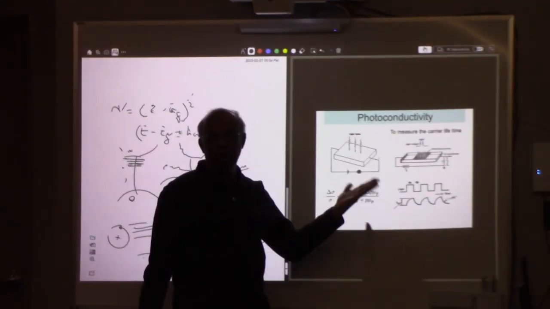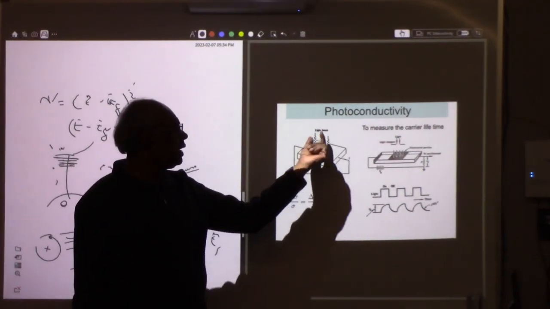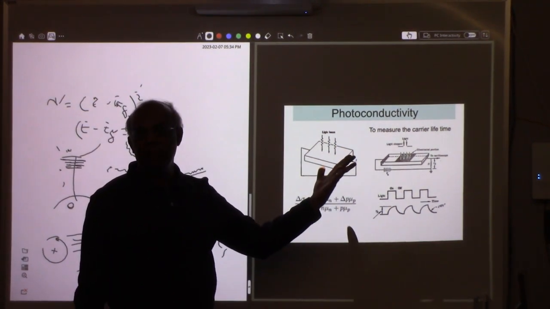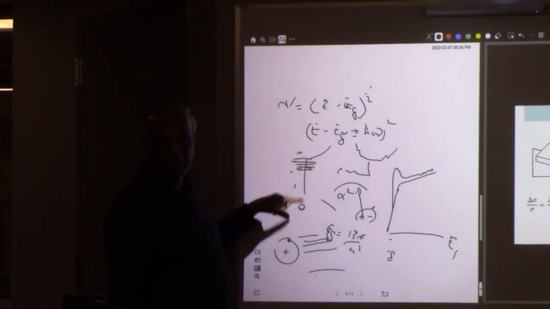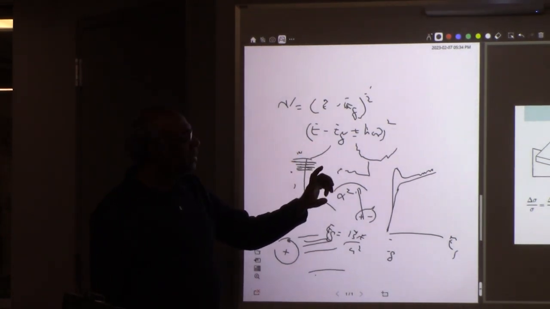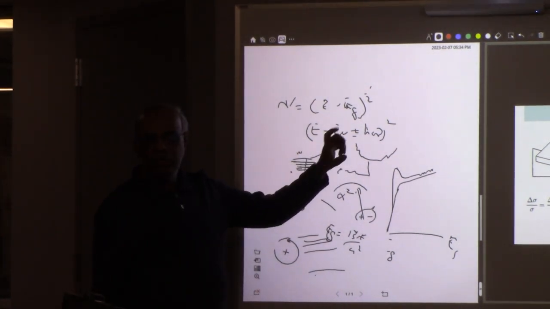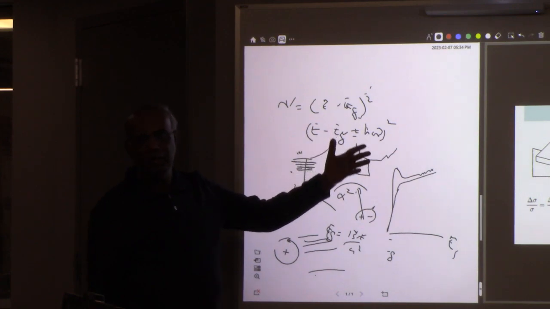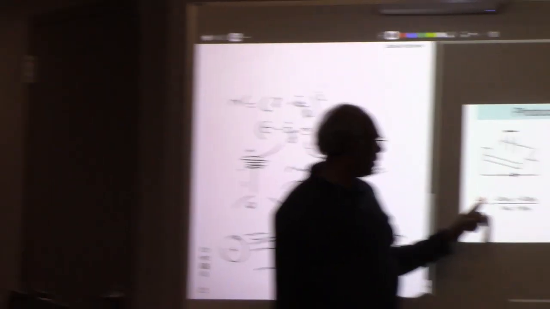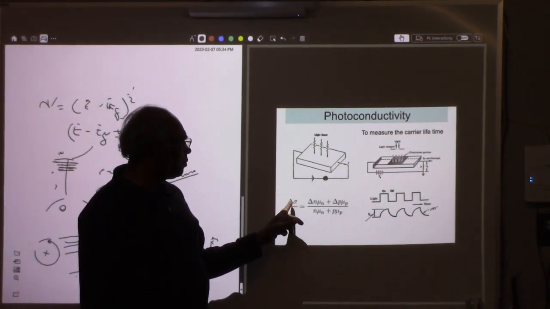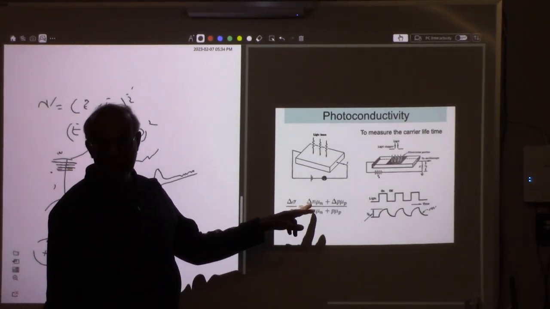That we call the dark current. But if you shine light, what will happen? The light can make electron hole pairs, so that will give you some additional current, right?